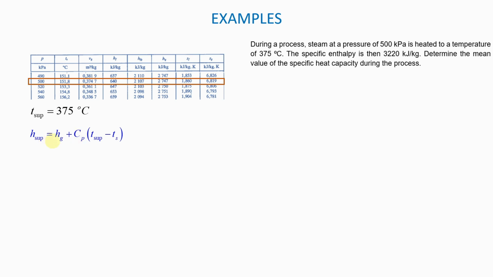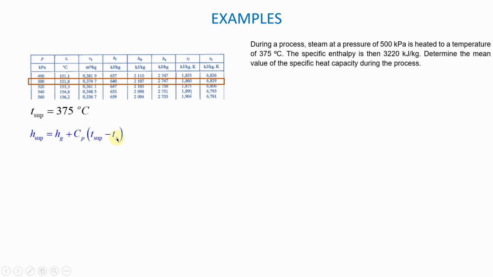And so what is Hg? If you look at the table here, you will find that at 500 kilopascals, Hg is 2747. So we will plug it in here. Of course, H-sup is 3,220, and we're trying to find Cp. T-sup is 375.